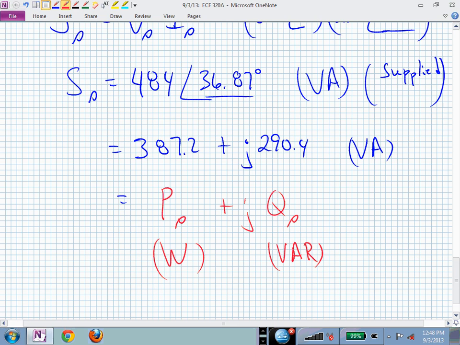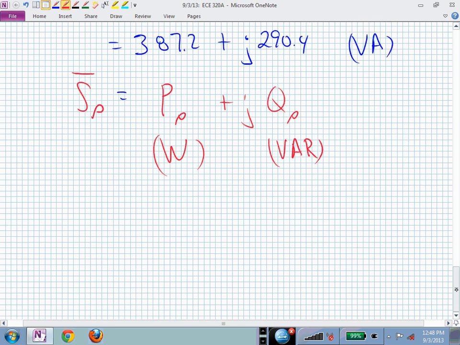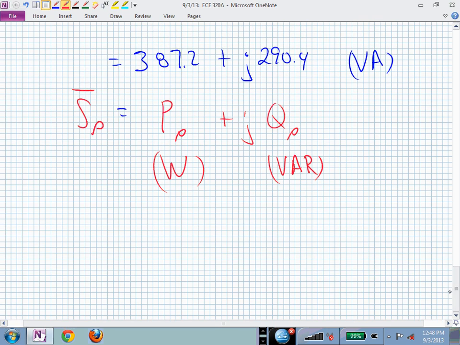And if you wanted to, you could draw the complex power triangle of that source. You would say, okay, I have P going roughly 390. Then I'm going up positive 290.